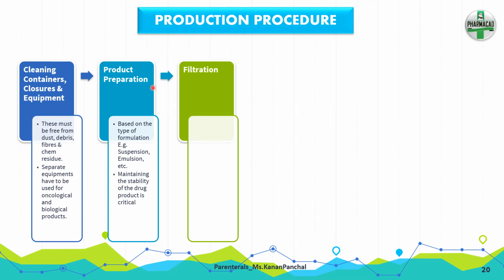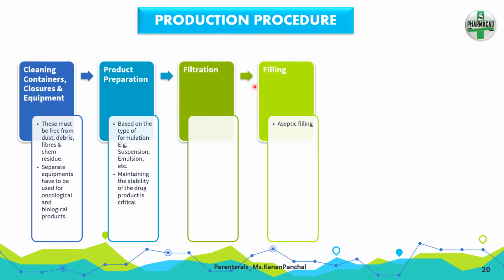So once your product is prepared and filtered and once your container and closure systems are ready, then you proceed with the filling step. Now this is the most stringent step and it requires prevention of contamination. So there has to be no contamination while this process is being carried out.